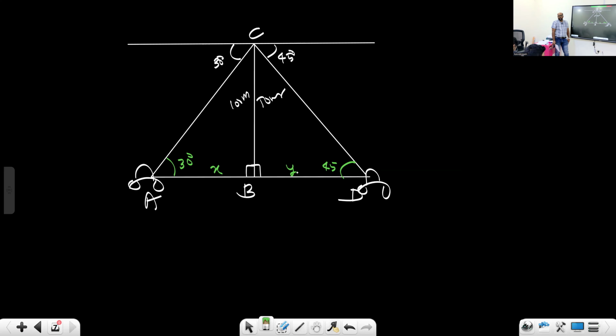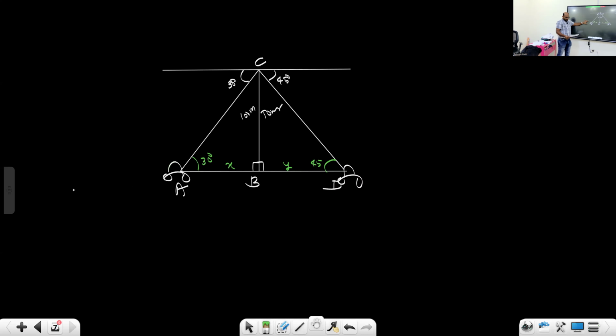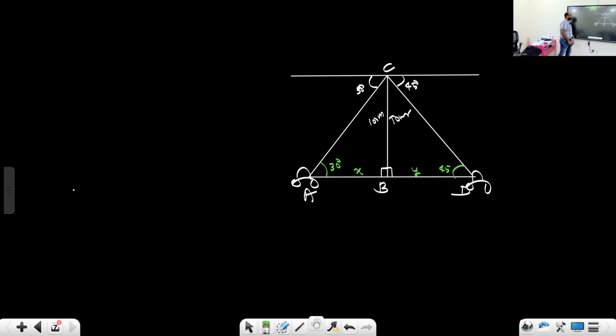In triangle ABC, tell me which angle is there? Tan 30. Please find its x value. Root 3 restriction is there. Tan 30 equal to 100 by x.